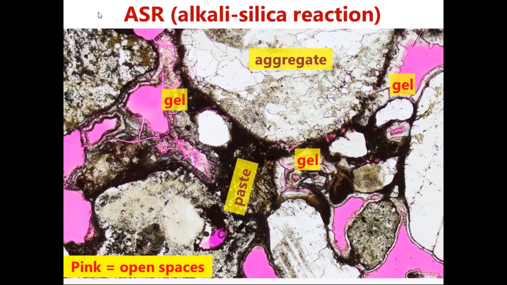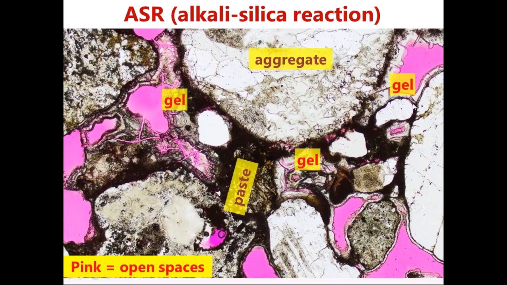Under the microscope, this is what I see when I see ASR. We're looking at this in plain polarized light. All of the pink that you see is the epoxy showing you open spaces within the sample. The big blocky objects are aggregates. The fine-grained brown-colored stuff in between is the paste, and the gel is this material here within the paste.